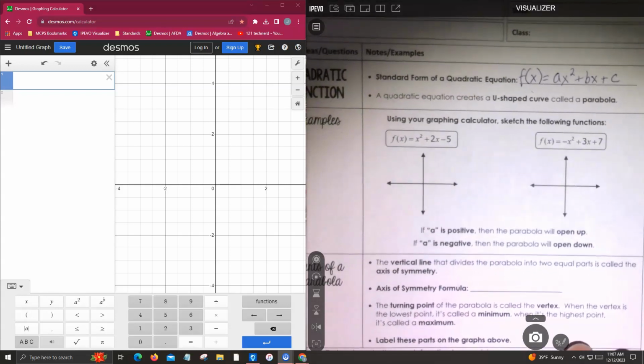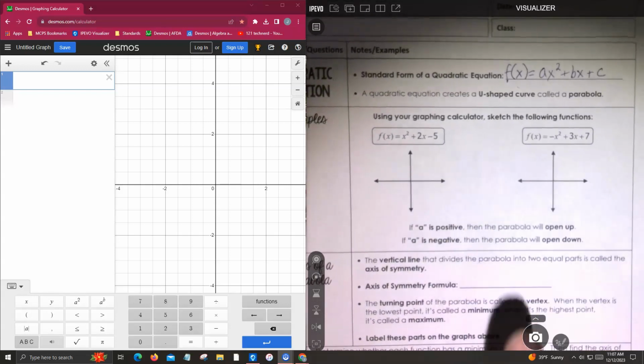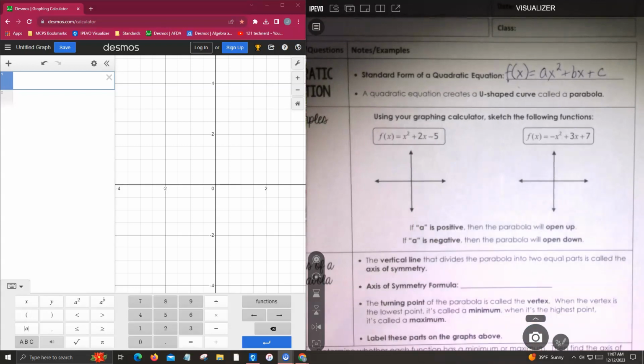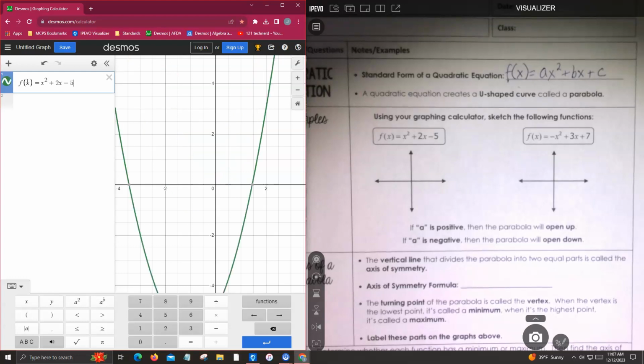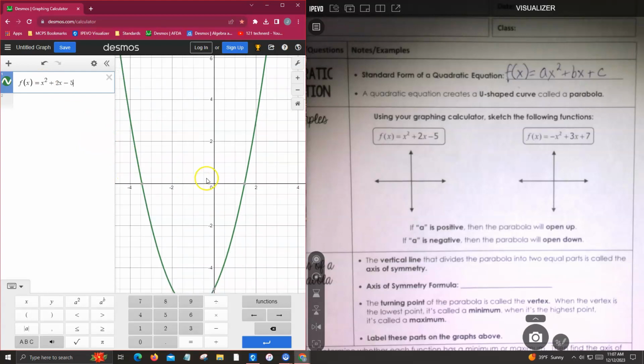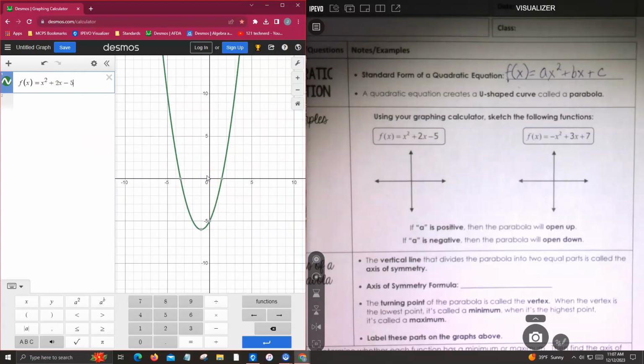So we're going to use our graphing calculator and sketch these things. Then we're going to talk about some of the stuff that's going on for the rest of this. All right, so let's put in the first equation: f(x) equals x squared plus 2x minus 5. That's what this looks like. I'm going to zoom out a little bit.